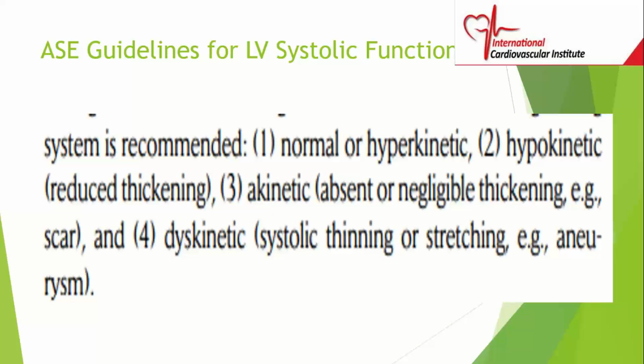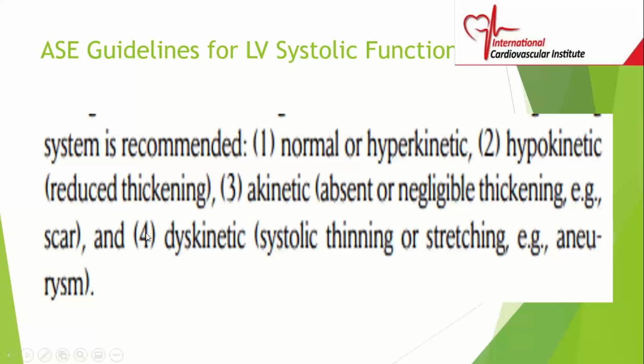So remember, when we're talking about motion, thickening is one of the main things that we look at. So hypokinetic segment, we'll give it 2. And then if there's absent or negligible thickening, we call it akinetic, and we give it a score of 3.